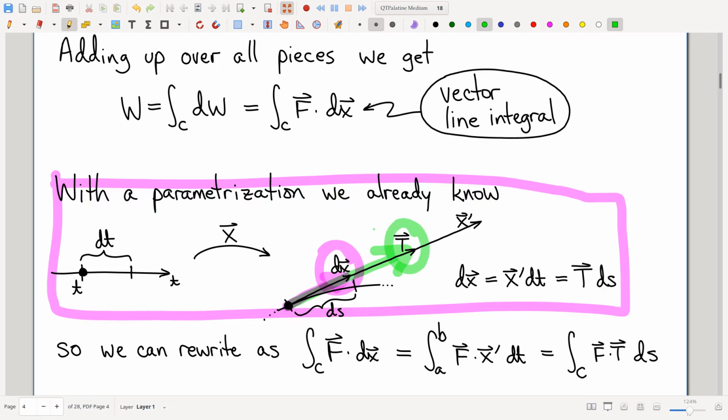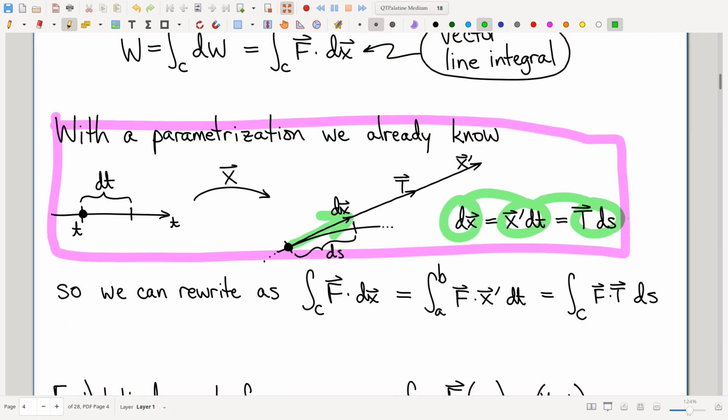Both of which relate to this old idea of a velocity vector, x prime. So all of these things are related. More detailed discussion back in chapter 3. You can look back in the notes, look back in the recordings. And in particular, the dx vector can be related to those other vectors like so.